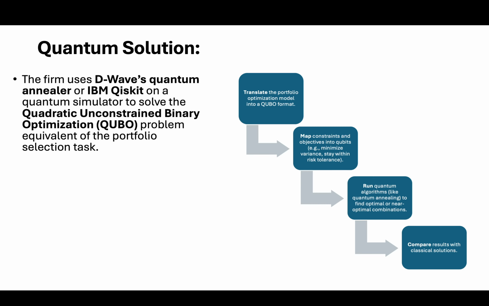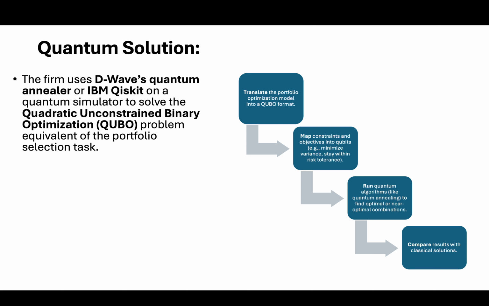As part of this, translate the portfolio optimization model into QUBO format, then map constraints and objectives into qubits, for example, minimize variance and stay within the risk tolerance. Run quantum algorithms like quantum annealing to find optimal or near-optimal combinations.